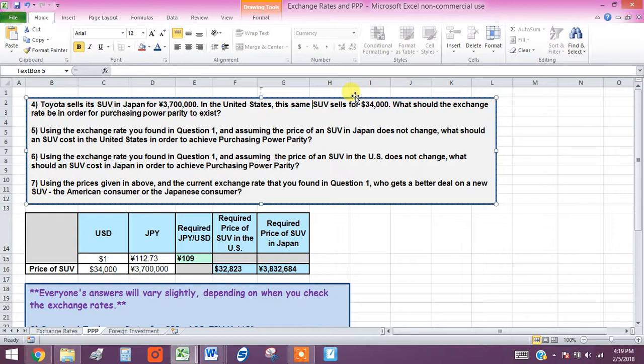So the first thing we want is we want to put in our dollar here for a U.S. dollar, what it is worth in Japanese yen, and what the price of the car is in America, in the U.S., and the price of the car in Japan.